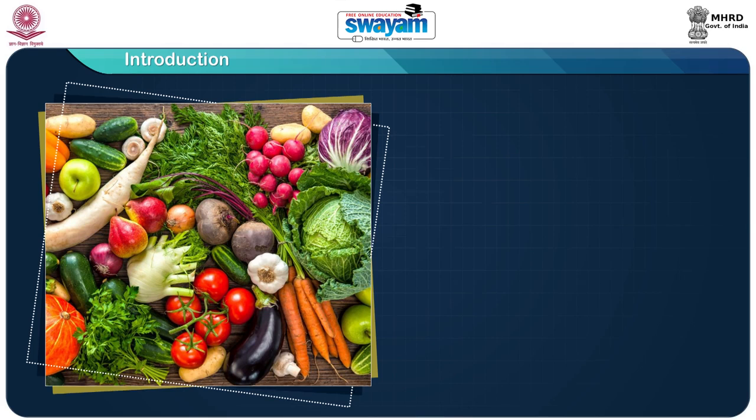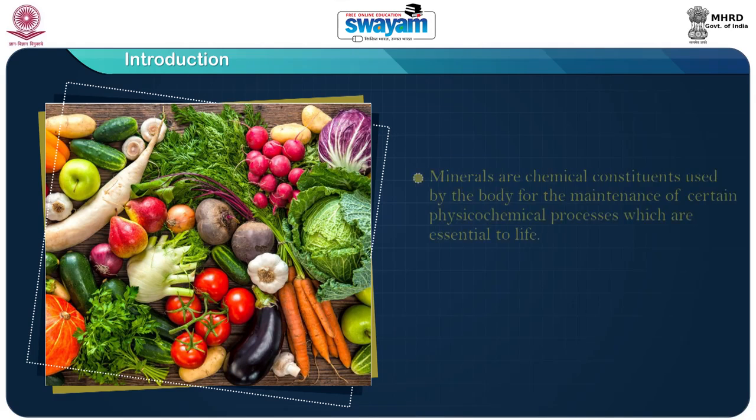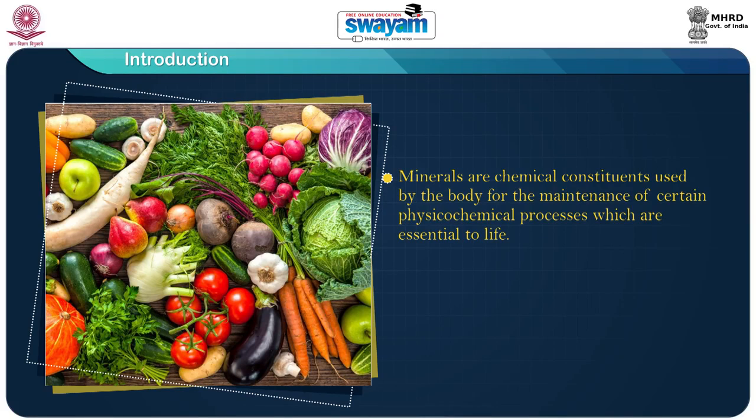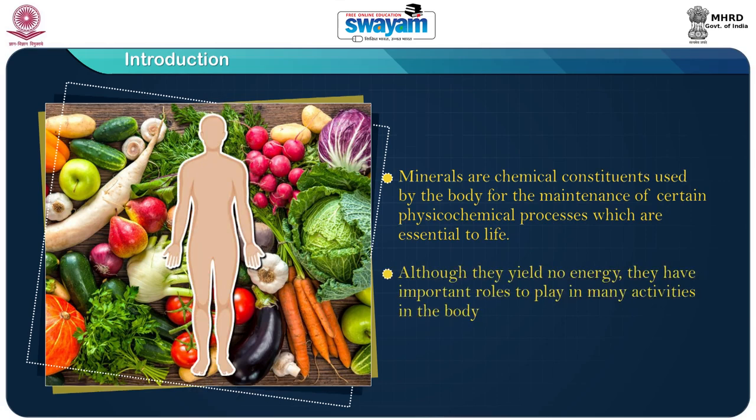Now, we all know, learners, that minerals are chemical constituents used by the body for the maintenance of certain physiochemical processes which are essential to life. Although they yield no energy, they have important roles to play in many activities in the body.